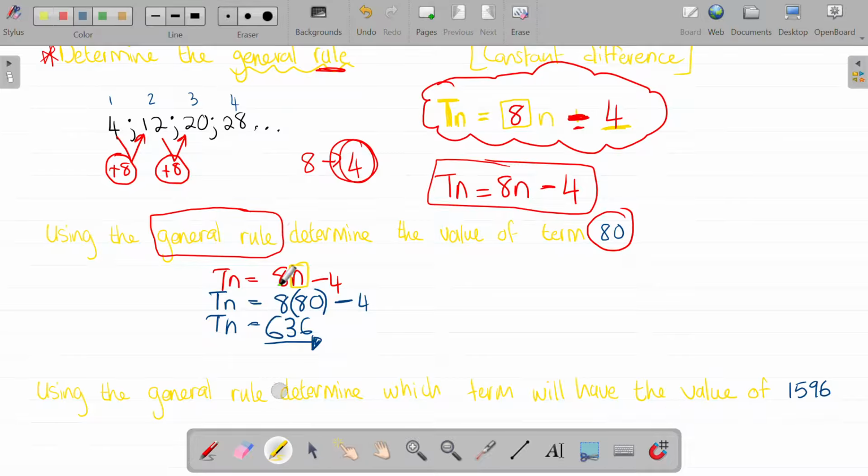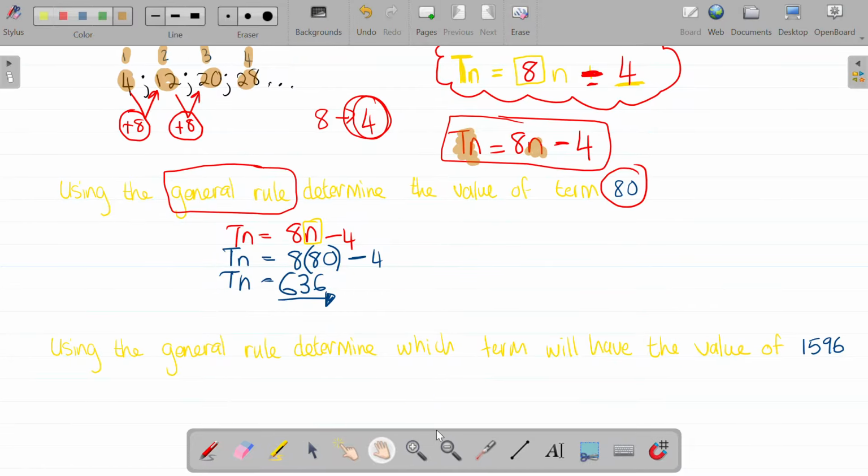So when we have a look at, let's say for instance, our formula or our general rule, the n represents the positioning or the term, right? The Tn represents our values or the term number. Okay, I just need to make that clear, because what that means is that when I put in term 80, that means not the value but the positioning.